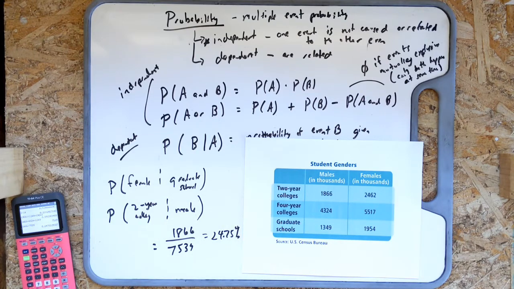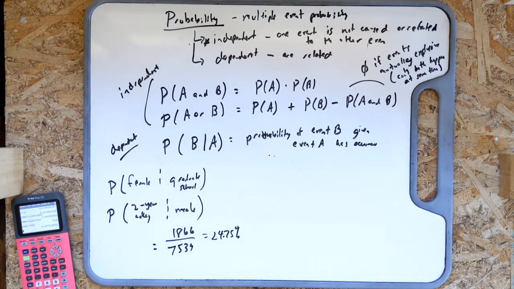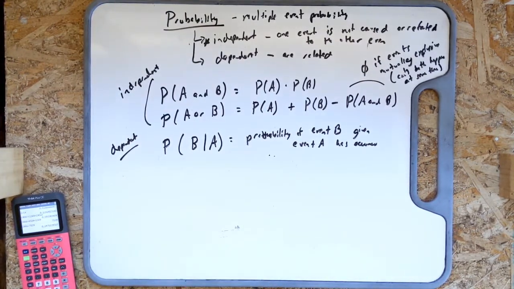All right, that's it. Let me do a brief summary, and then I'll put out the homework. Okay, so we were talking about probability, which is the likelihood that an event occurs. It's calculated between 0 and 1, or more typically 0 to 100%. We talked about 2 different ways of doing probability.